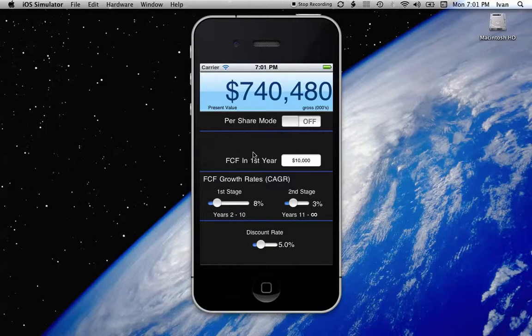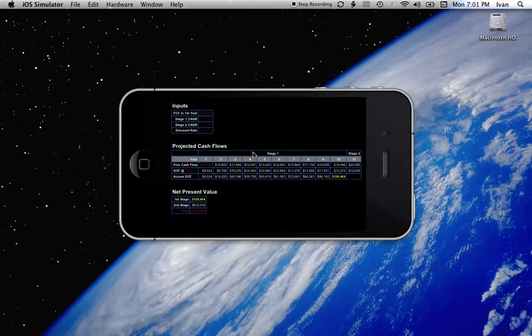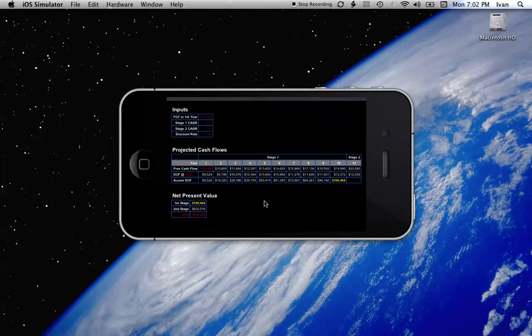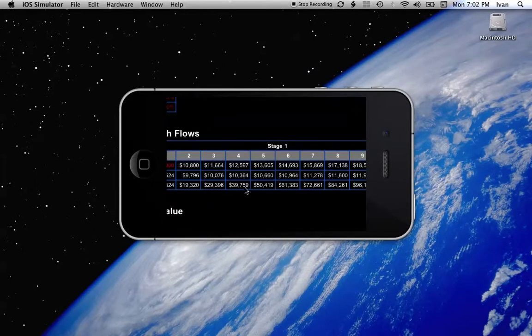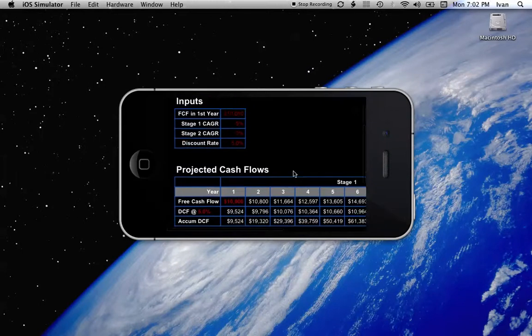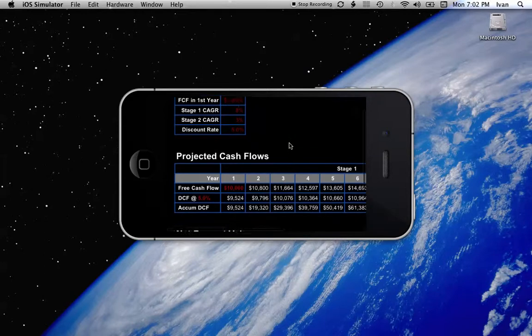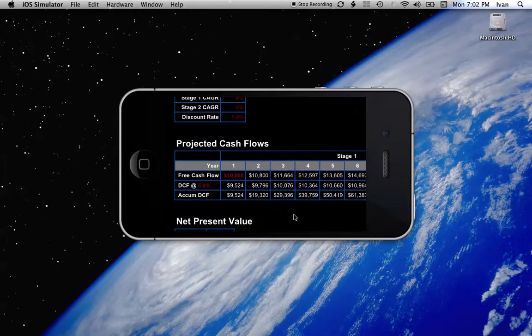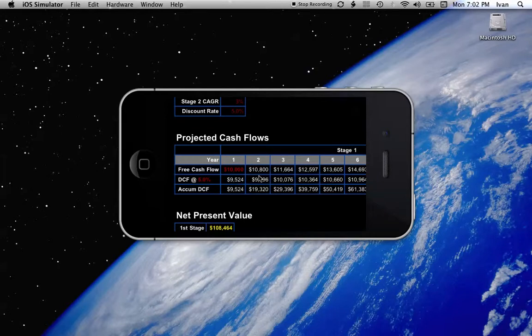Now if I rotate the device on its side, DCF Calculator produces a nice little table that gives me a little bit more information about my projected cash flows. So it shows me the inputs that I used, and then it shows me a nice table that has free cash flow.